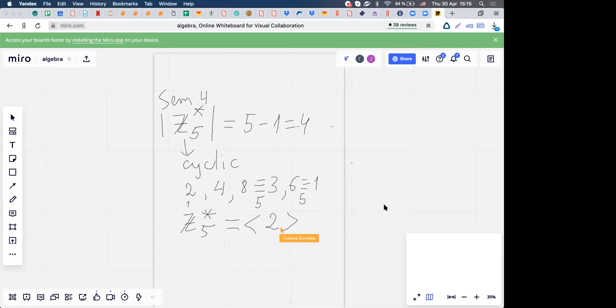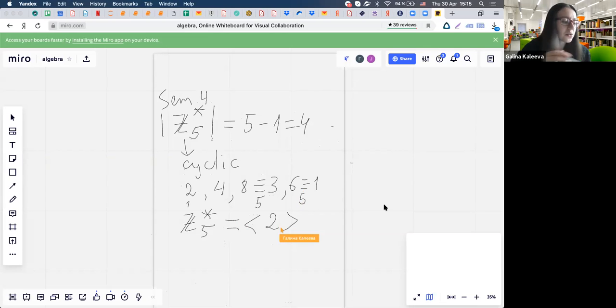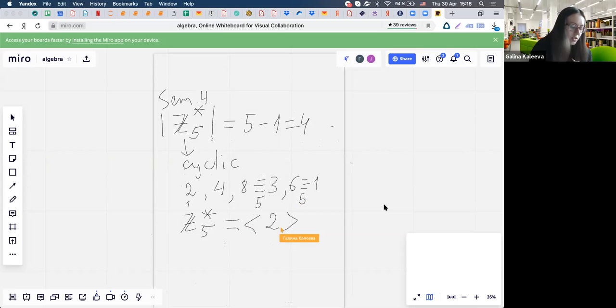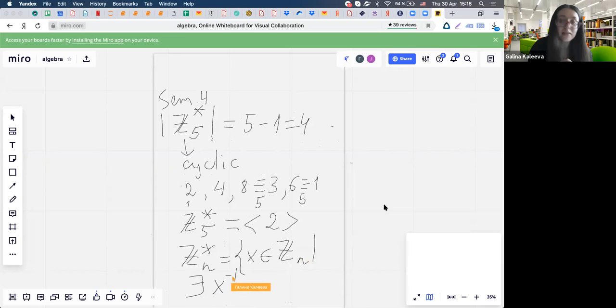Can I ask a question? Mm-hmm. You started with saying let us consider all the elements from this cyclic group which have inverses. Why? I mean, the elements which do not have inverse elements, do they not belong to this group? Yes, by definition, such a group Zn star consists of all the elements x from Zn such that there exists x to the minus first power in multiplicative notation.